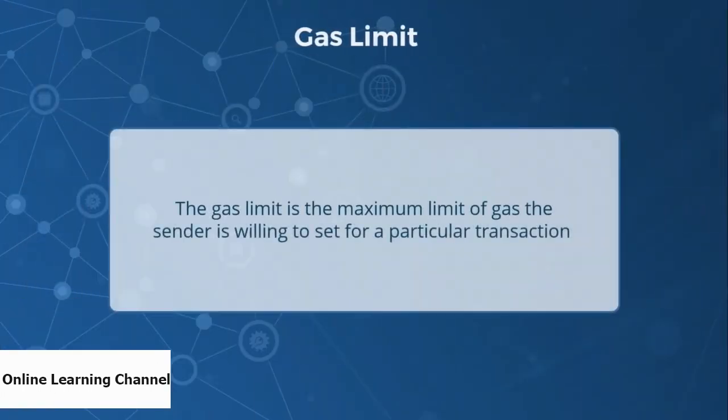So the gas limit can be defined as the maximum amount of gas which the sender is willing to set for a particular transaction. Since it's not always possible to predict exactly how much gas will be consumed by a transaction, the initiator may want to protect against spending way more on a transaction than they're comfortable with.